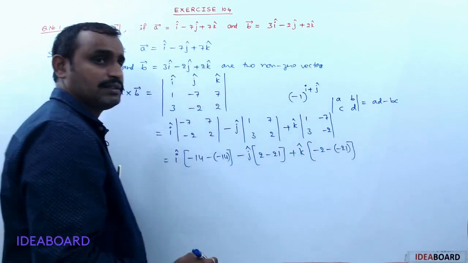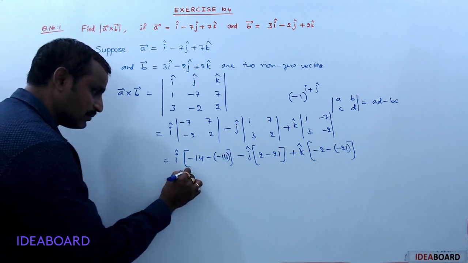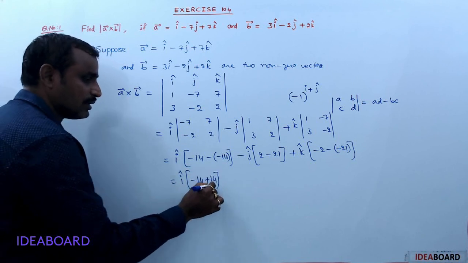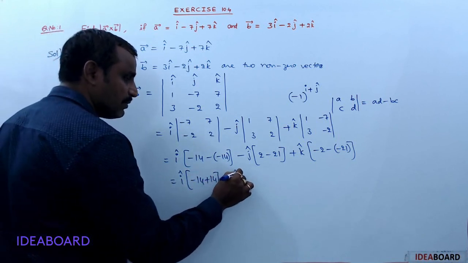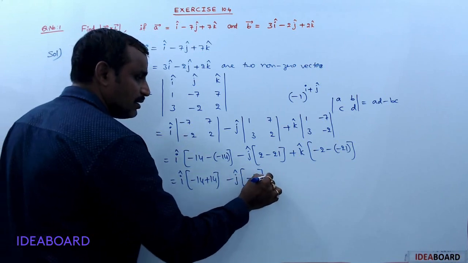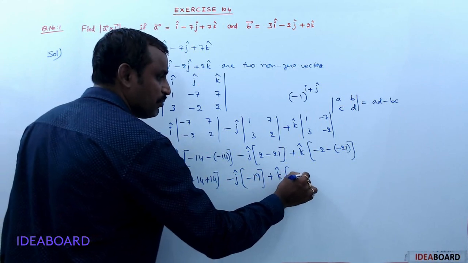So now simplify this. So now this is equal to i cap of minus 14 plus 14 plus minus j cap of minus 19 plus k cap of minus 2 plus 21.